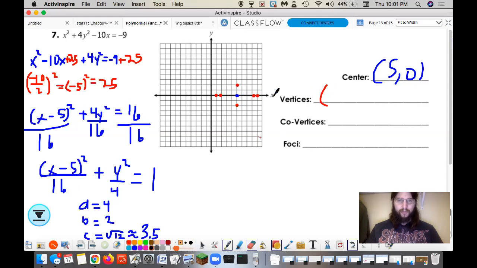So that's 1, 0. That's 1.5, 0. That's 5, 2.